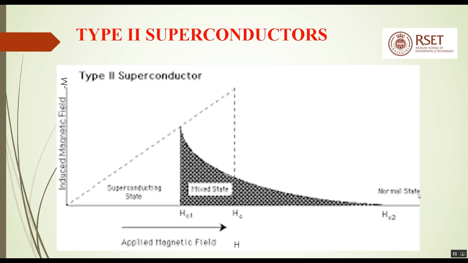That means beyond Hc2 the specimen will completely act as a normal conductor, and this occurs at a field value of Hc2, which is known as the upper critical field value. If you further increase the magnetic field, there won't be any superconducting regions within that specimen.